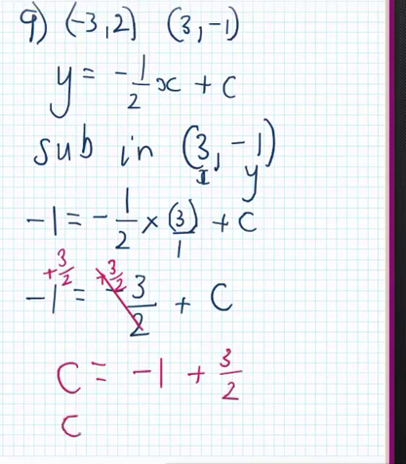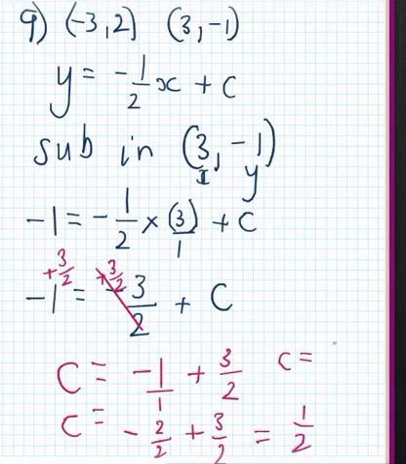But to use your fraction skills, I know my 1 is over 1, so times them both by 2 to get the same denominator. So I've got -2/2 plus 3/2. Now -2 plus 3 will leave me with +1. And I keep the same denominator, which is 2. So that's it. C is equal to 1/2. I'll just put it here because I can't fit it on the bottom. And I have found my y-intercept.